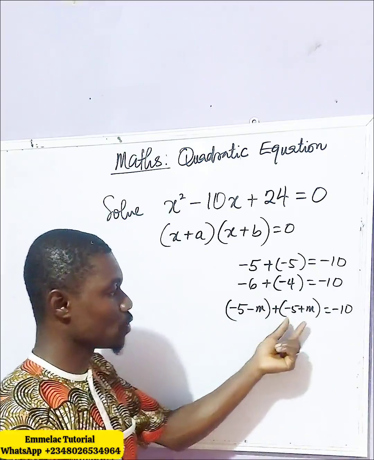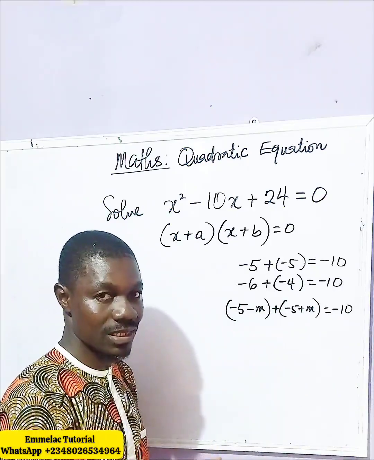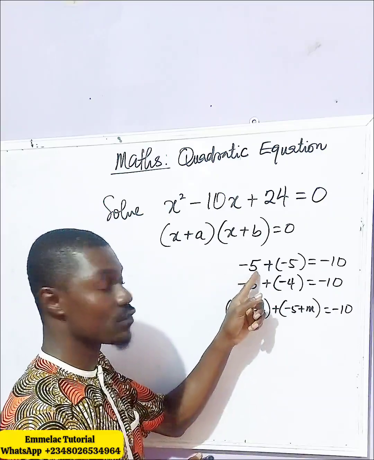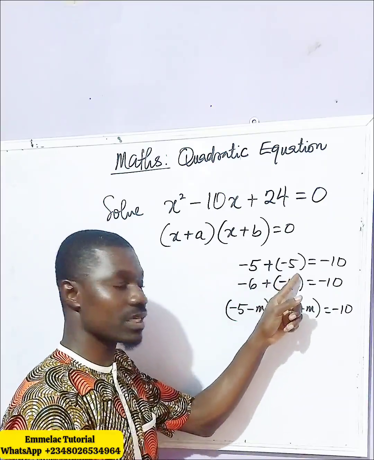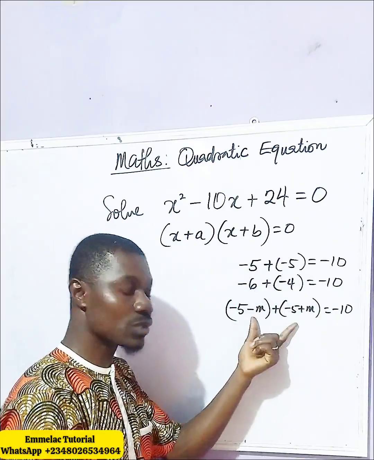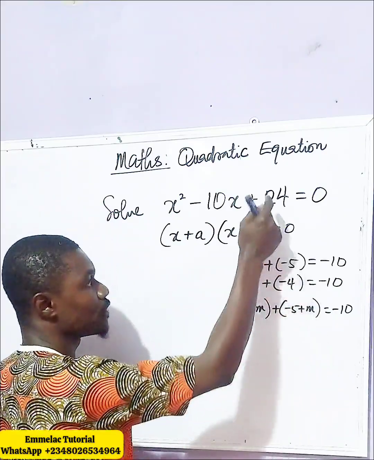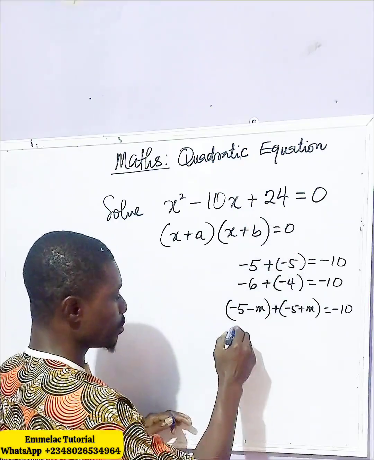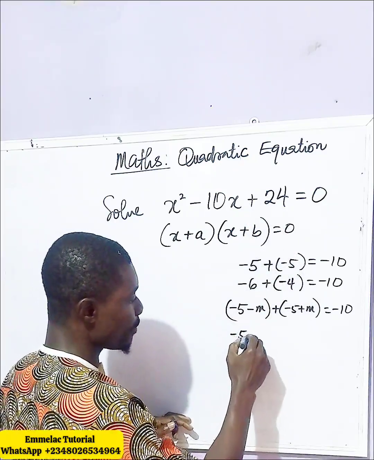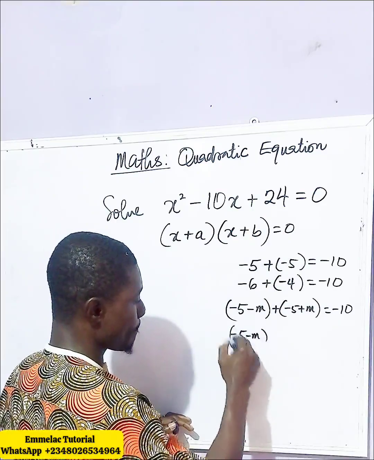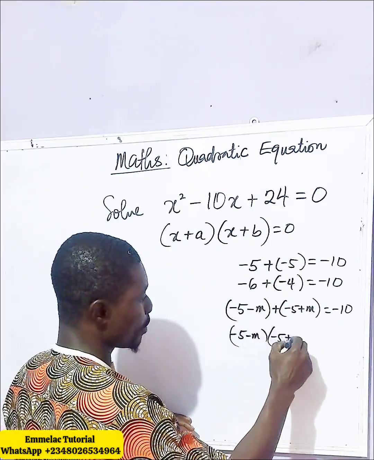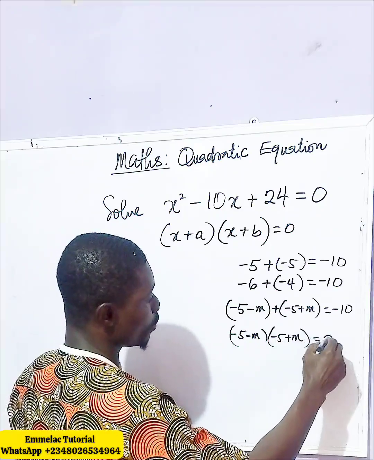So these are the two terms which, when you add, irrespective of whether you are moving away from this or getting closer to this, give you -10. And these two terms, when multiplied, must give you +24, which means -5 minus m times -5 plus m must give us 24.